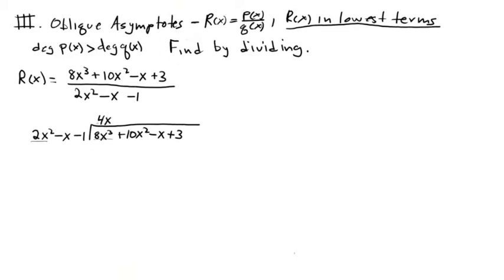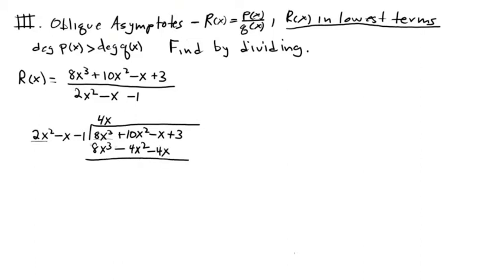Then I multiply 4x times 2x squared, 8x to the third, 4x times negative x, minus 4x squared, and 4x times negative 1, so that's minus 4x.